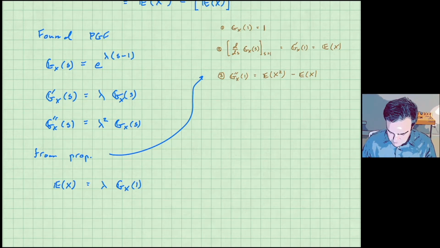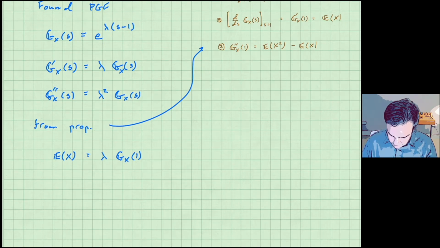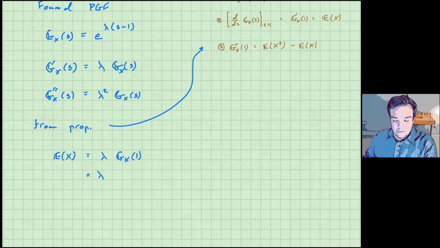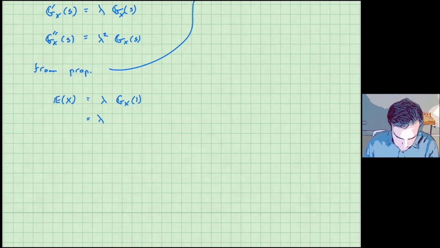And that function evaluated at 1 is 1, also by the proposition, or you could just do it. And so this is lambda. Right, so that's the expected value. The expected value of a Poisson distributed random variable is the parameter of the Poisson distribution. All right, and now we'll do the variance. So the next step, the variance.